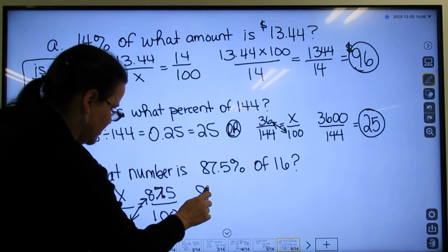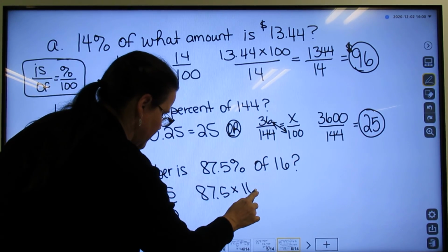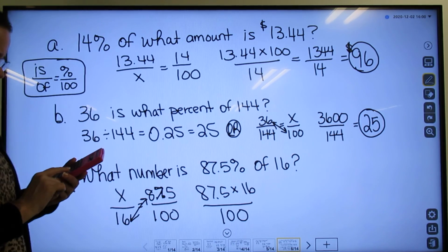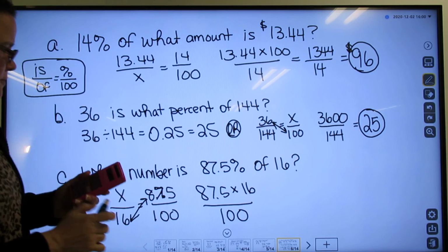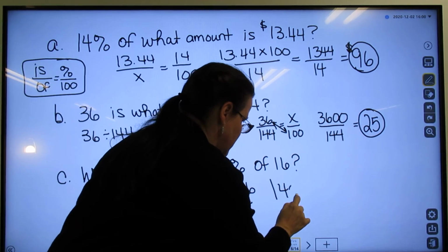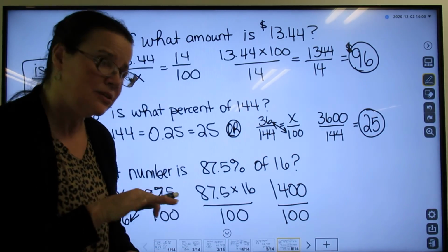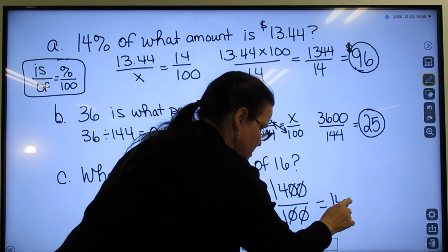So I would do 87.5 times 16, and I would divide by 100. And then 1400 divided by 100. Again, I have those zeros, and those zeros cancel out one another. And then I would just have 14.